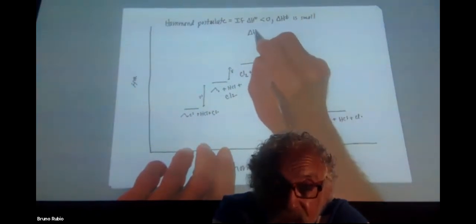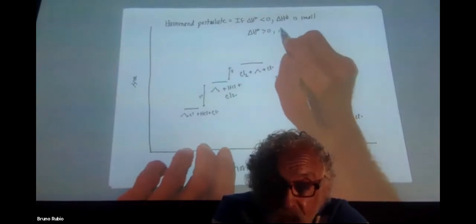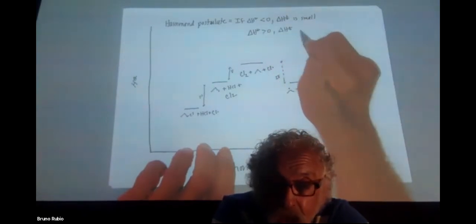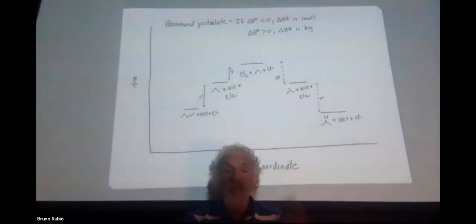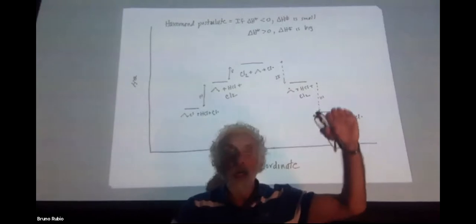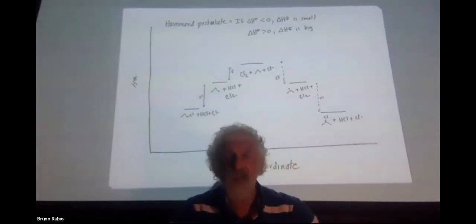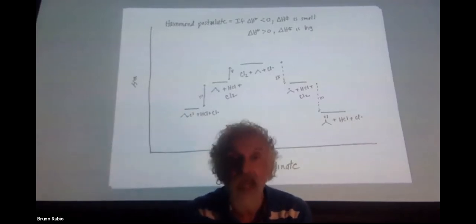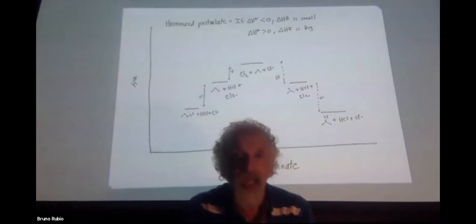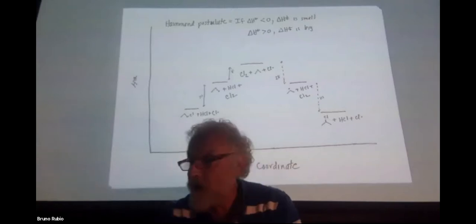And if delta H0 is positive, the delta H dagger is big. That kind of makes sense: if the overall energy change of a reaction is very favorable, if it's way downhill in energy, then what Hammond's postulate is assuming is that the hill that separates the reactant from the product of that reaction is going to be small.